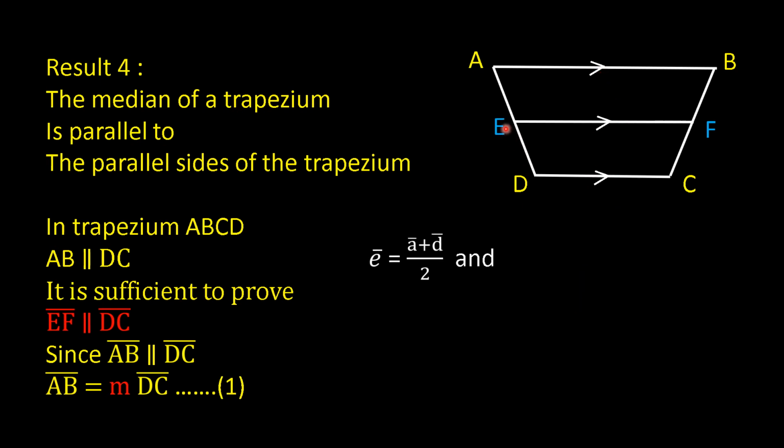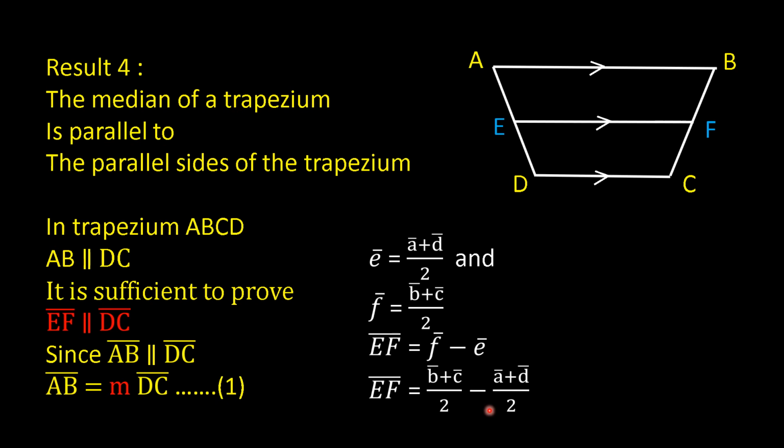Now since E is midpoint of AD, we write E bar equals (A bar plus D bar) by 2. And since F is midpoint of BC, we write F bar equals (B bar plus C bar) by 2. So EF bar will be F bar minus E bar. F bar is (B bar plus C bar) by 2, E bar is (A bar plus D bar) by 2.